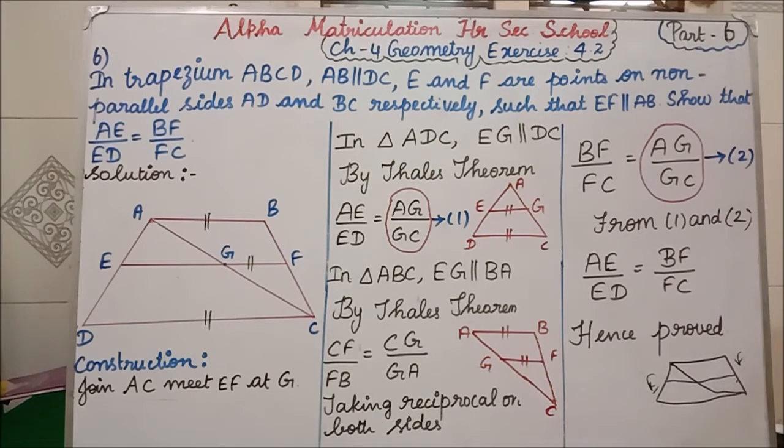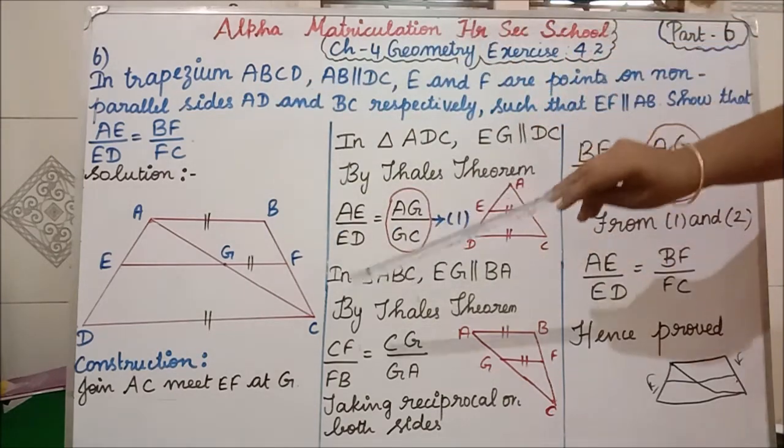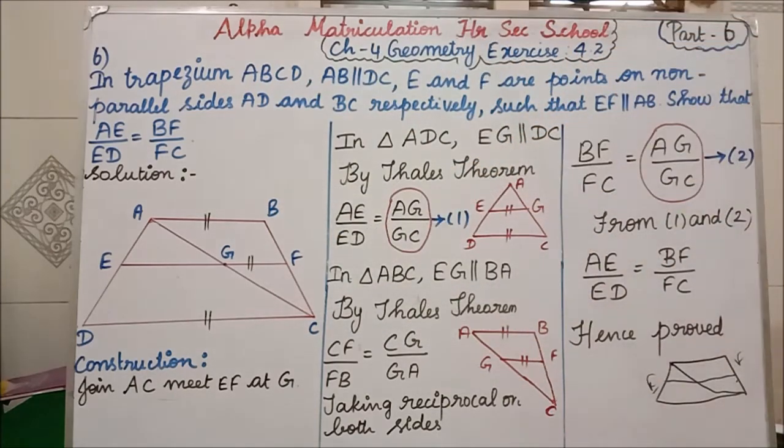If you see the diagram, you will be able to understand. We join AC, and this line meets the line EF at one point, and that point we take as G. Clear, students? That is what I have written in the construction: Join AC, meet EF at G.